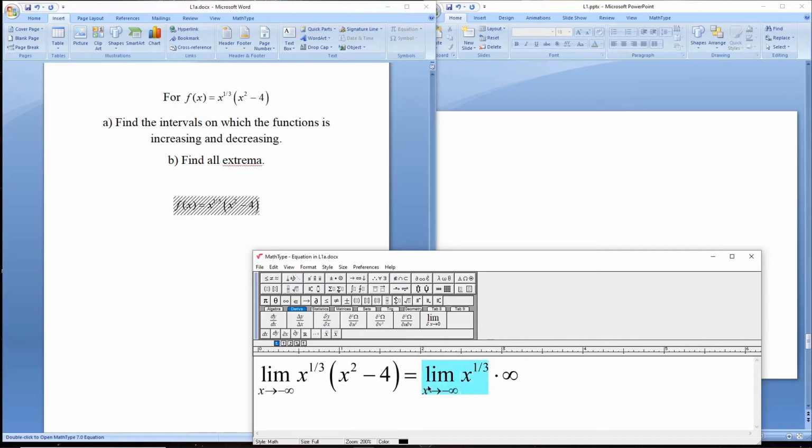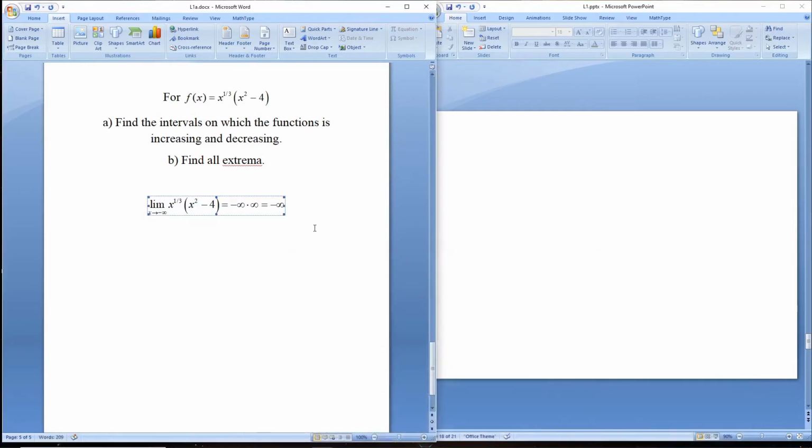And so this is going off to negative infinity. And a negative times a positive will ultimately give us a negative. So in other words, as we go to negative infinity, this function is also going to negative infinity. And what does that tell us? That tells us there's no global min.